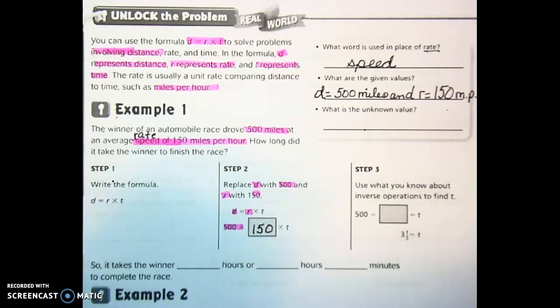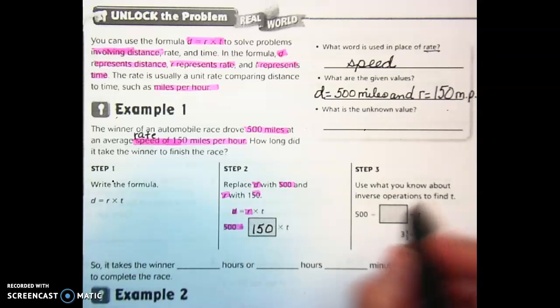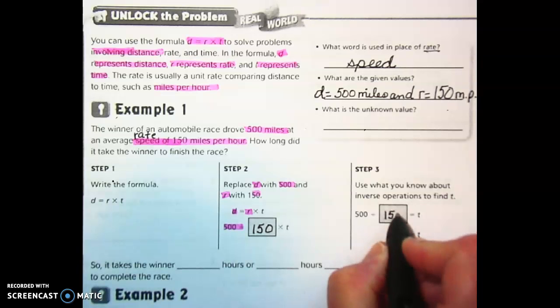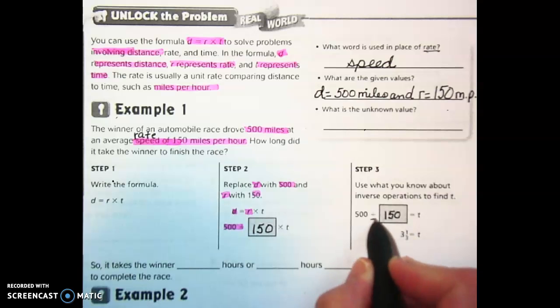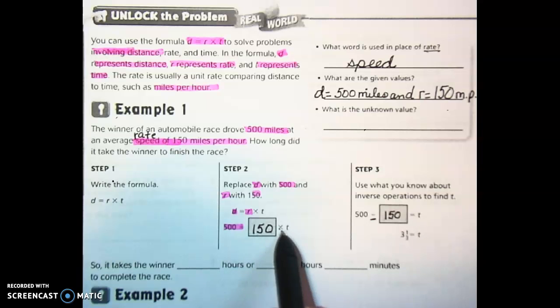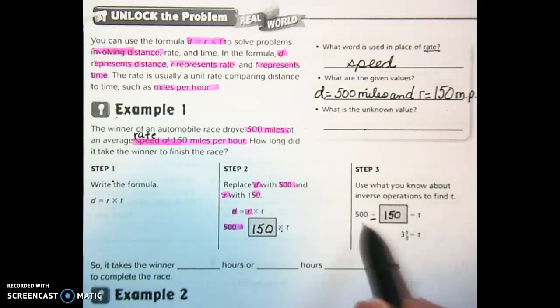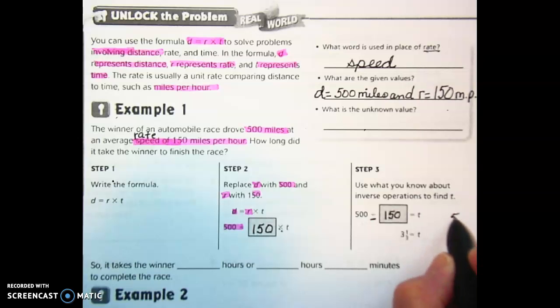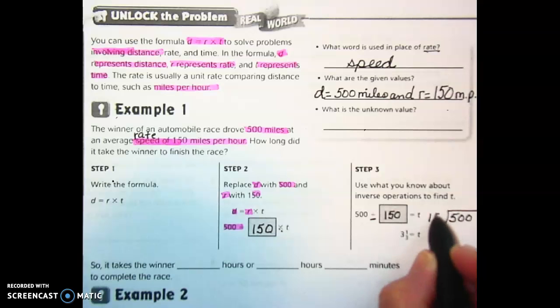Use what you know about inverse operations to find the time. So we have 150. The inverse of multiplication is to divide. So we're going to come over here to the side, and we're going to divide 500 by 150.